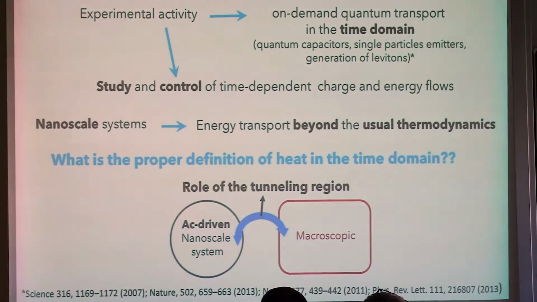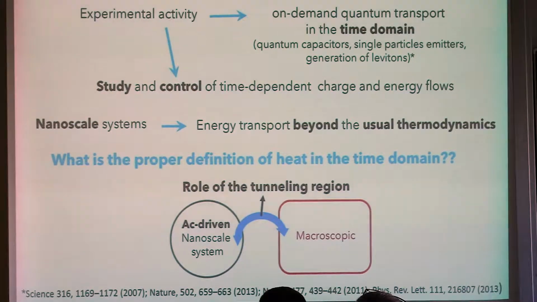So the study of the energy transport will go beyond the usual thermodynamics. And the main problem is that we have to identify which portion of the total energy corresponds to heat. So this is the main question right now. Because of course in DC transport and for a system at equilibrium, any of you can provide a definition of the heat.